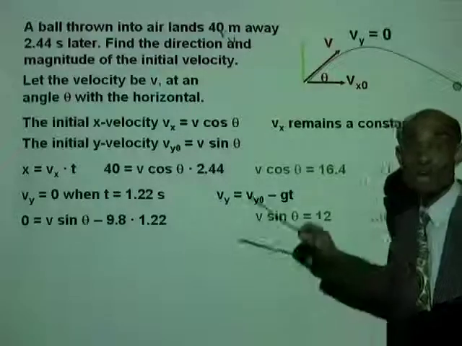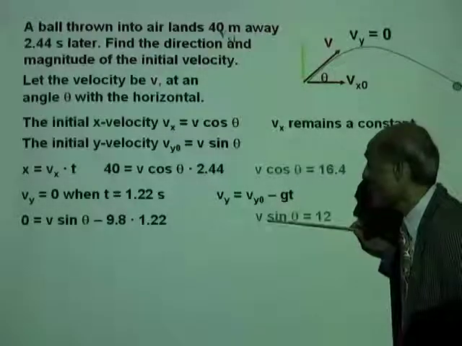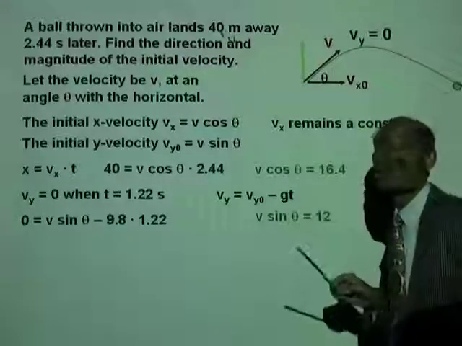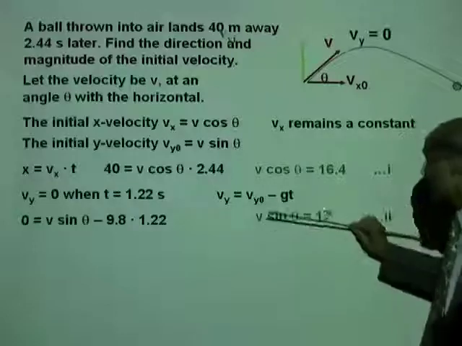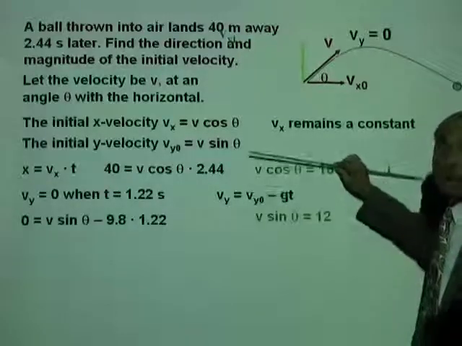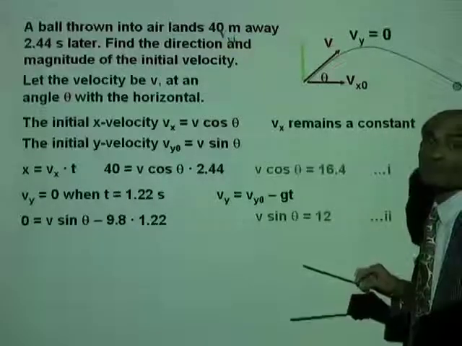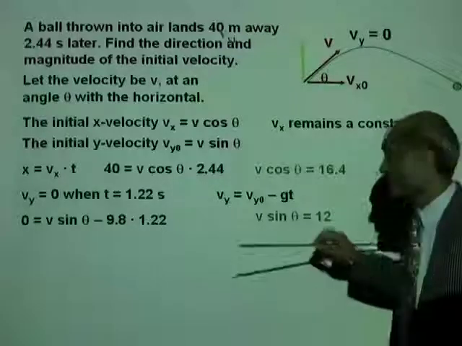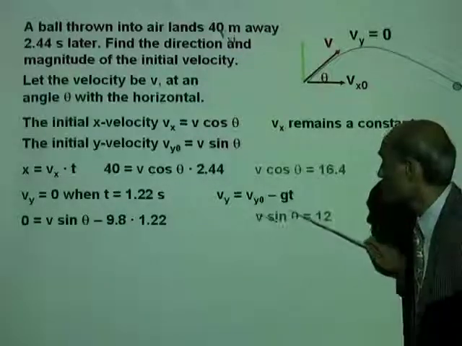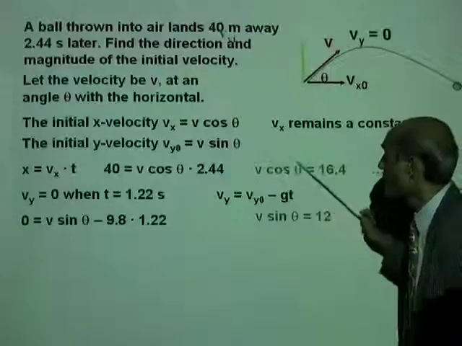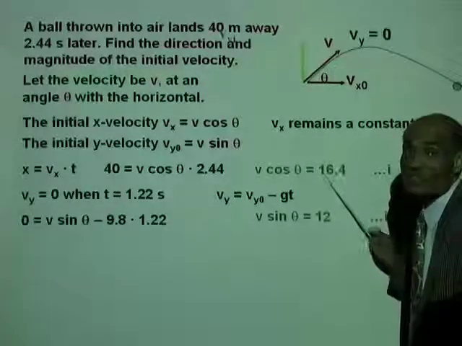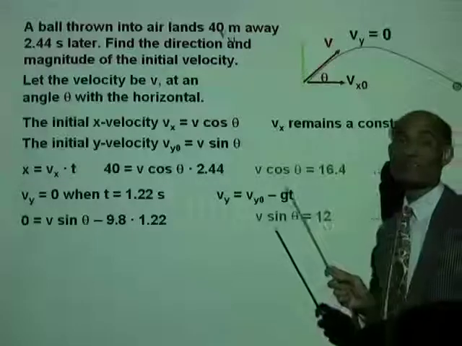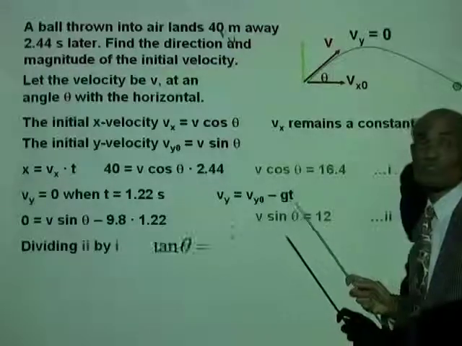If you know your trigonometry, you know that sin theta divided by cos theta is tan theta. So what happens if you divide equation 2 by equation 1? I hope you understand what I'm saying. Divide the left hand side of equation 2 by the left hand side of equation 1, and the right hand side by the right hand side of equation 1. So what do we get?